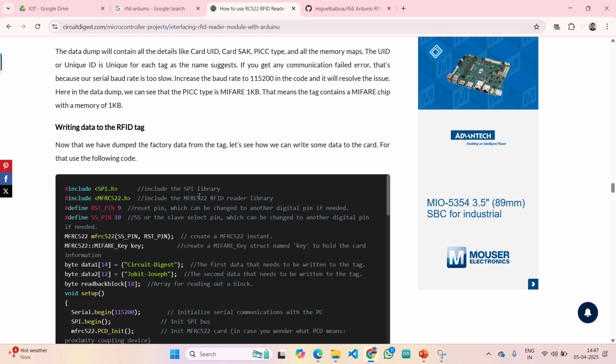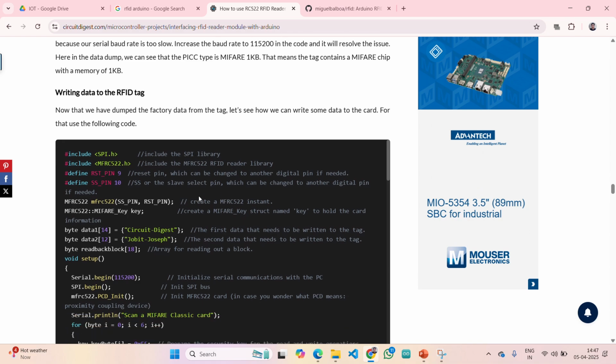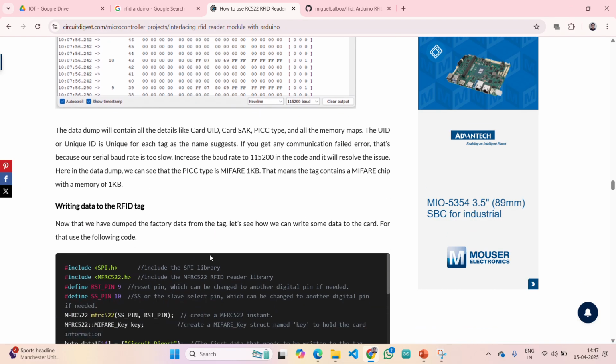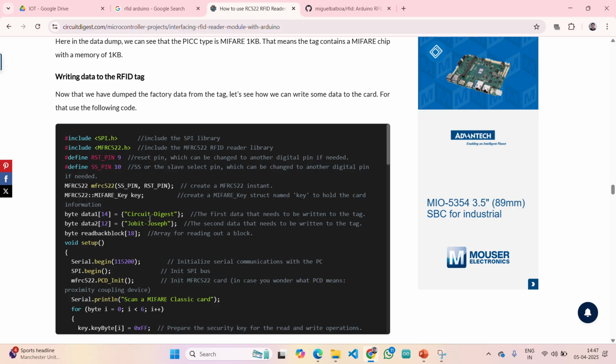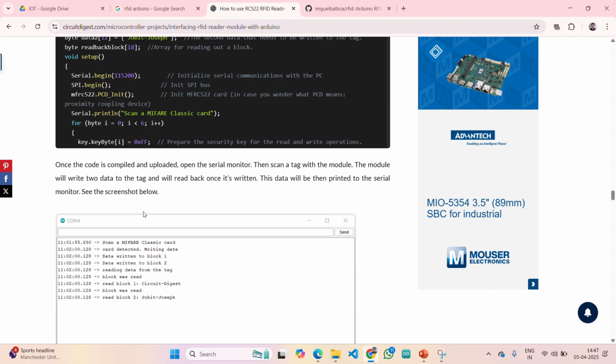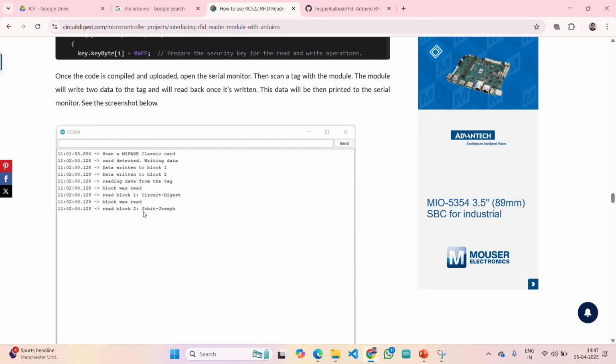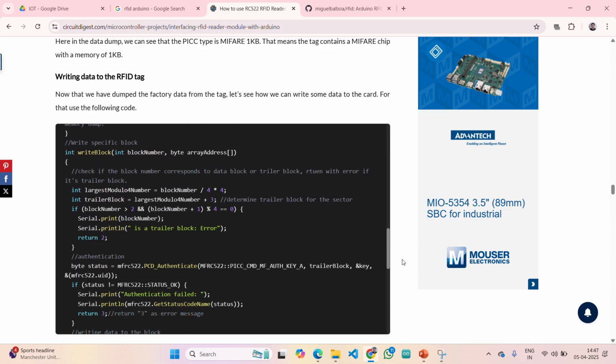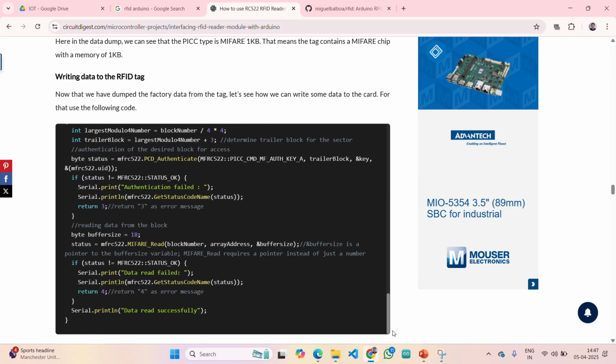And next, one more thing is writing data to RFID. Here you can see that it consists of some digits and some false values and all. It is present, right? Then we are going to make use of our names also, we can keep them there. That's why this is the lengthy program. This program we are going to ignore because it is not mandatory.